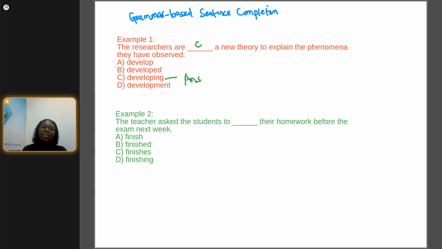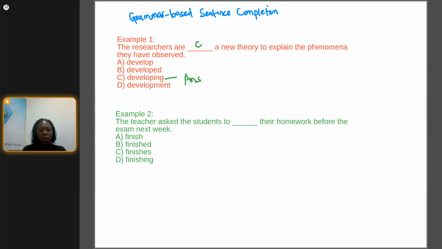And why is this the most appropriate one? The verb finish should be in the base form for it to follow the phrase asked to. The sentence itself is using an infinitive, and only the base form will fit that infinitive grammatically.